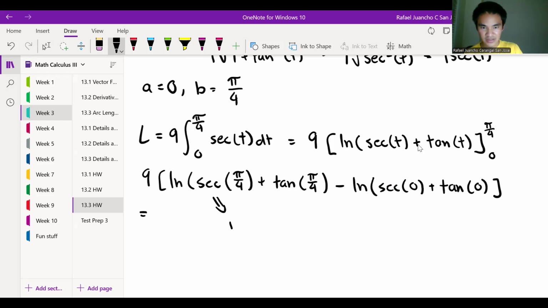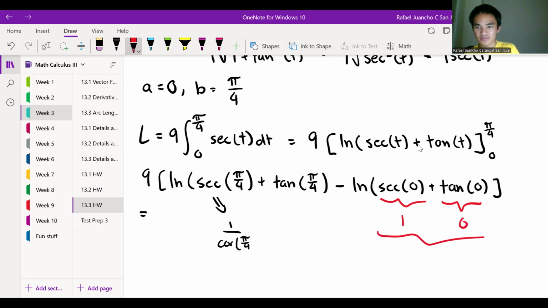I could use 1 over cosine of pi fourth. But I don't know that value. How about the zeros? Cosine of 0 is 1. 1 over 1, so this is 1. Tangent of 0 is 0. So the whole thing is 1. ln of 1 is 0. So this whole thing is 0.